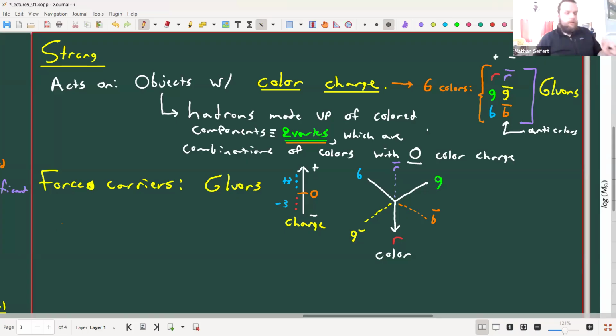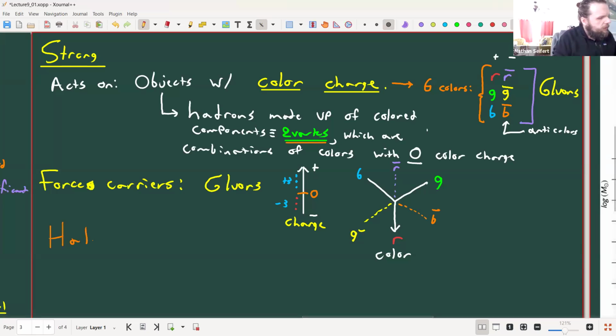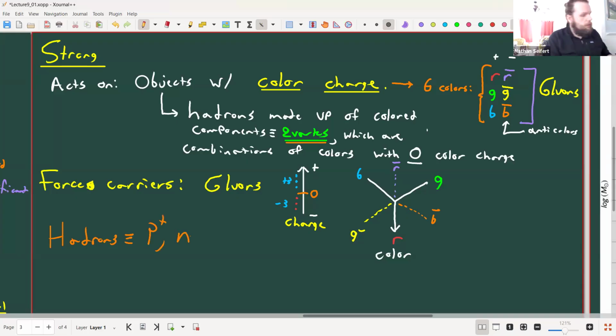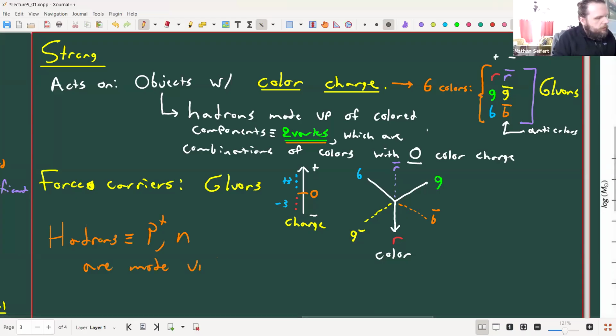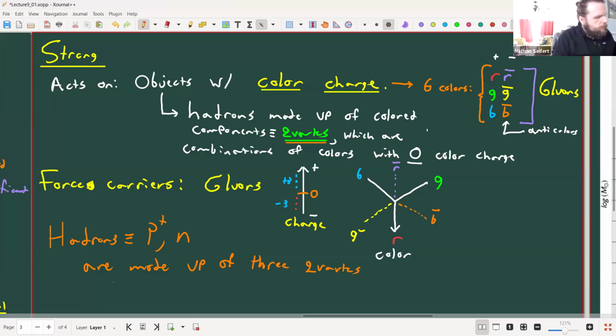All right, we'll talk about the quarks. And what we could say is that hadrons, which are things like protons and neutrons, those are the things we care about in chemistry, are made up of three quarks, as color neutral objects.